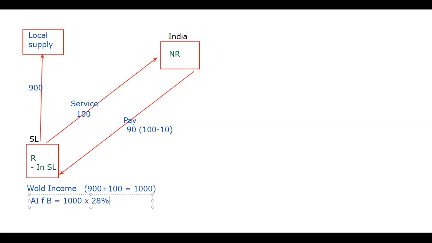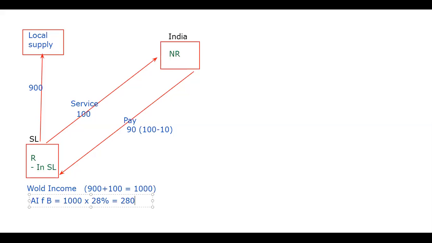I am not going to complicate this with 28% and 24% for 3 months and 9 months, because I need to reduce detailed elaboration. Therefore, I will just say 28%, then the tax you need to pay is 280.